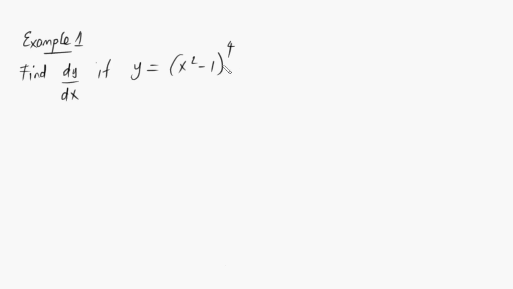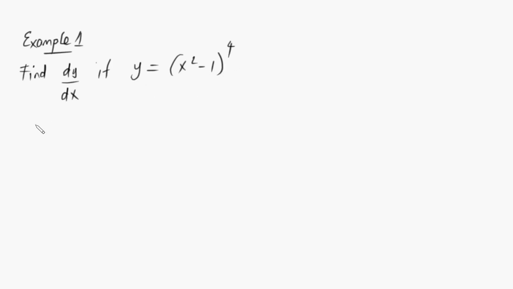Let's see examples. Example 1. So we say find dy over dx if y equals to (x squared minus 1) power 4. So this is some kind of a composite function.